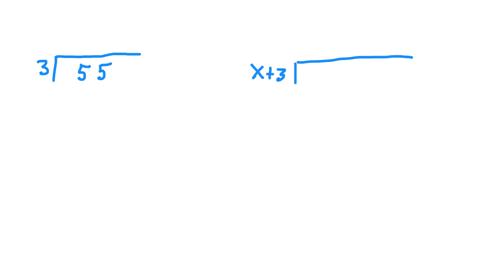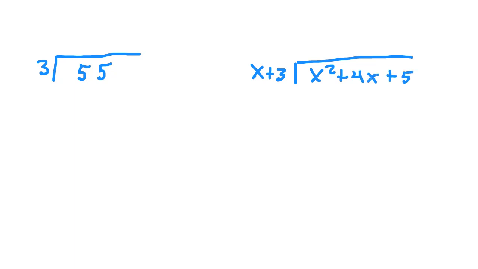Let's say I gave you a problem like 55 divided by 3, and I ask you to divide that. And then I'm going to ask you to divide this polynomial, which is obviously going to be harder: x squared plus 4x plus 5, just making it up.